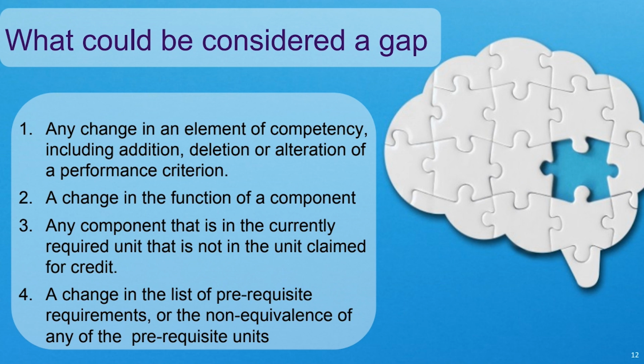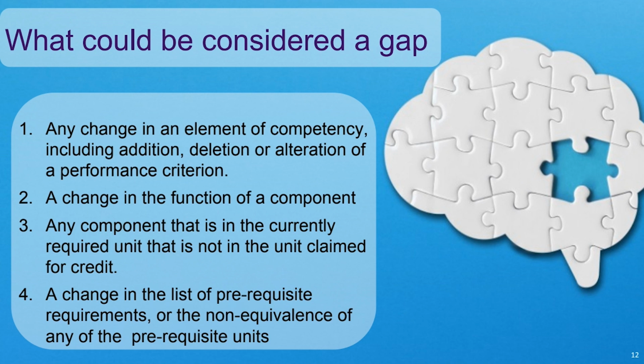You might find, for example, that two performance criteria have been welded together to form a double performance criterion, or sometimes you might find one performance criterion being split into two separate performance criteria. Those changes are not likely to mean that the element has changed, even though the format of the element has changed. So there has to be a judgment made as to whether the change, which is an addition, deletion, or alteration, actually means that the outcome is different.